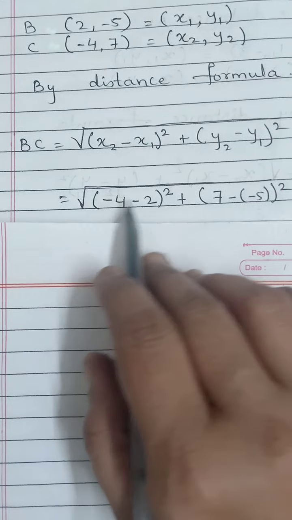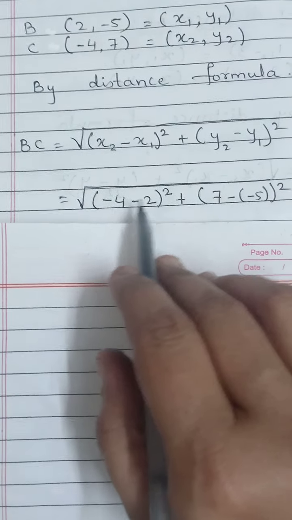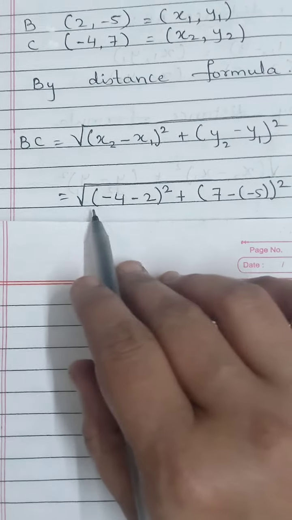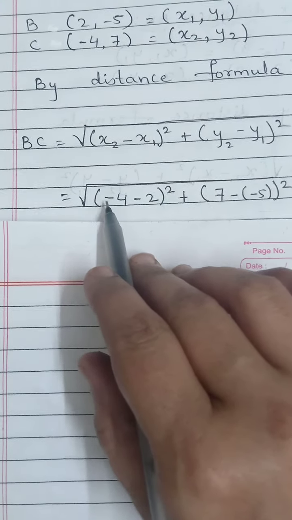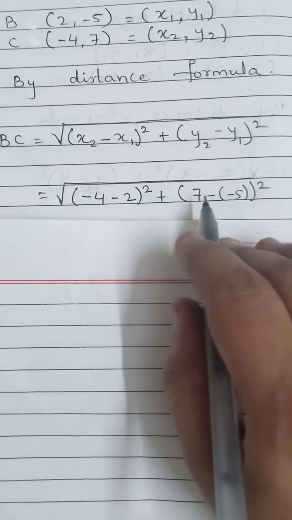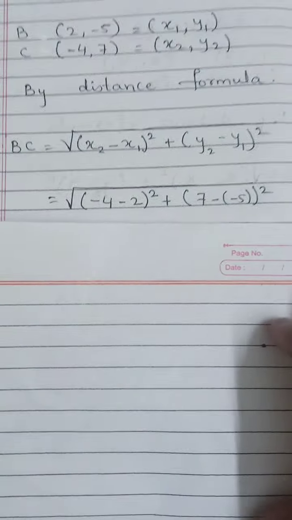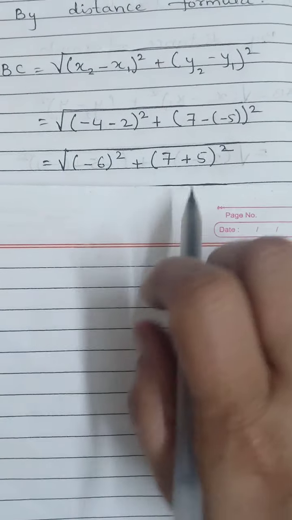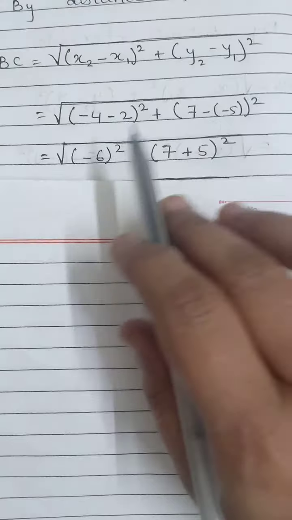Now this minus 4 minus 2 gives minus 6. 4 plus 2 is 6 and the greater number's sign is minus, so it will be minus 6. And 7 minus minus 5 becomes 7 plus 5. So it will be minus 6 the whole square and 7 plus 5 the whole square.